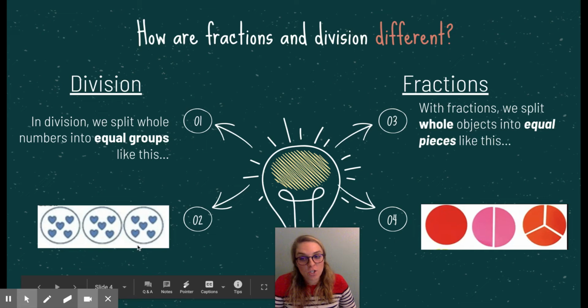So in division, we're taking a certain amount of objects and splitting them into equal groups with whole objects in each group. In fractions, we are splitting whole objects into equal pieces.